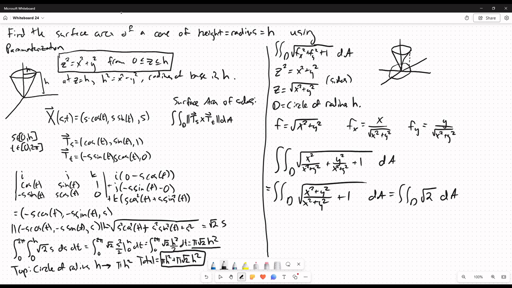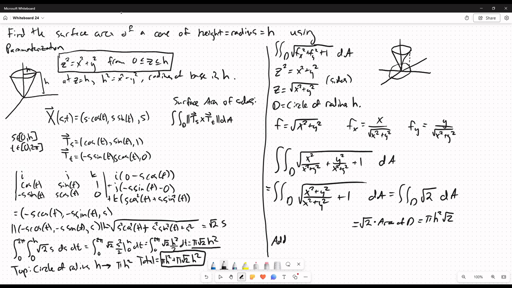And guess what? I'm integrating a constant function over a region whose area I know. This is just going to be square root of 2 times the area of D, which equals pi h squared square root of 2, just like we got earlier.